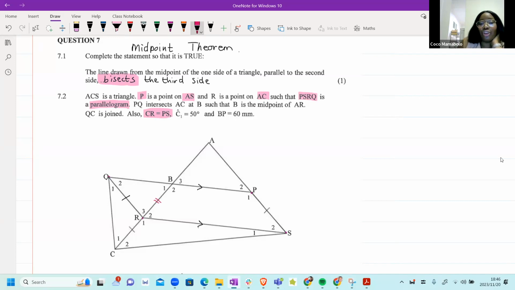That's it. Good. RB is equal to AB. Then they tell us that C1 is equal to 50 degrees. So I know that C1 over here is equal to 50 degrees. Give me another angle that's also equal to 50 degrees, guys. That's it. Yes, Q1. Beautiful. 50 degrees.